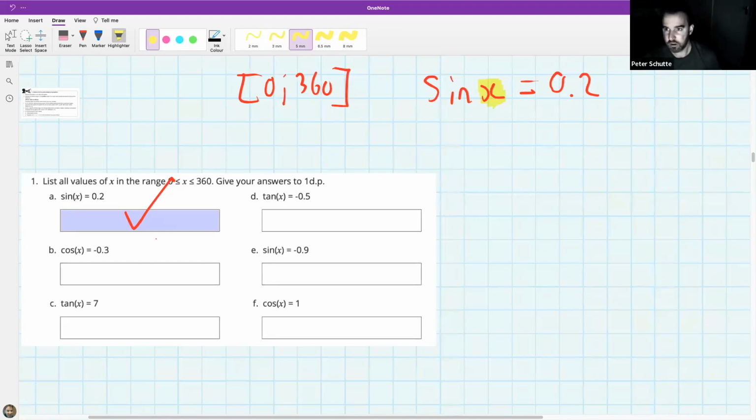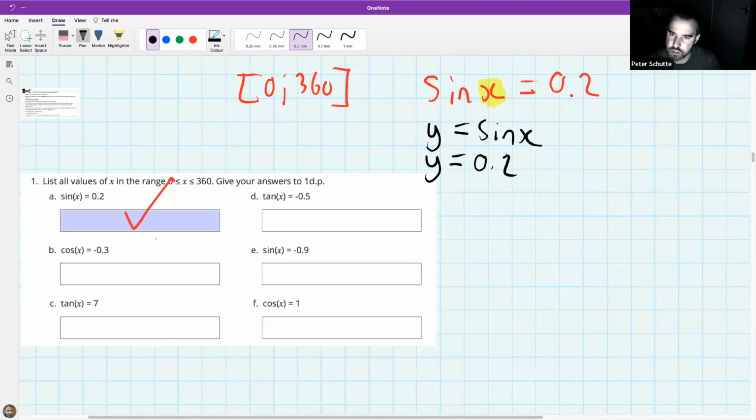But another way of thinking about it is that to solve this equation, I'm finding the intersection point of two graphs: one is y equals sine x, the other one is y equals 0.2. If I take these two functions and make them equal to each other, I will find the intersection points.